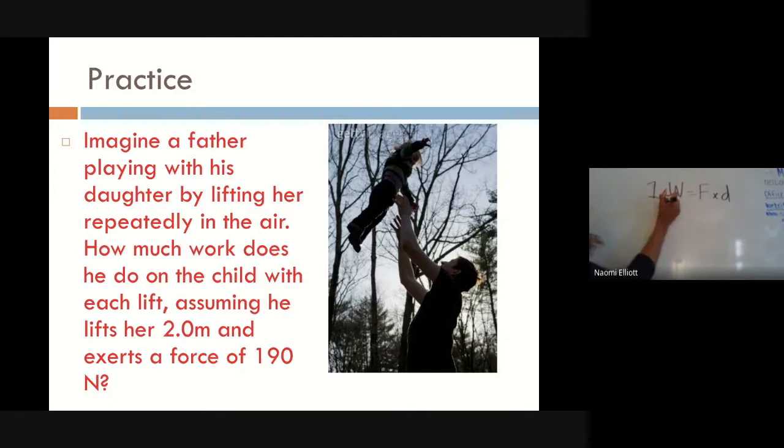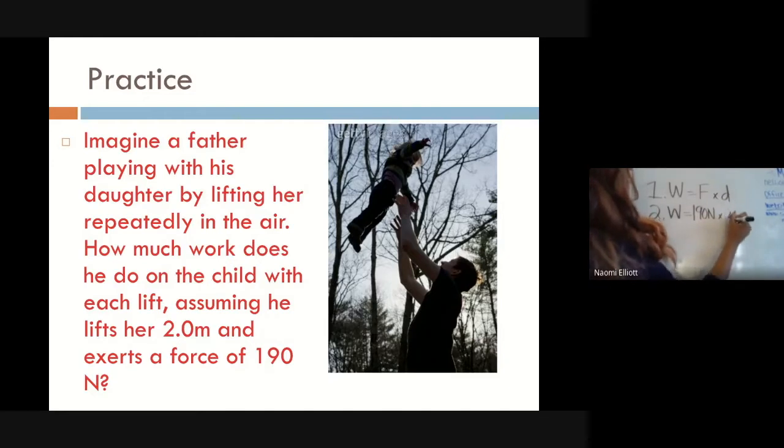Okay. The second thing we need to do is make sure we know what information we have. So what information was given? They gave us the force of 190 newtons, and they gave us the distance of 2 meters. Now I'm just going to go ahead and solve the problem.